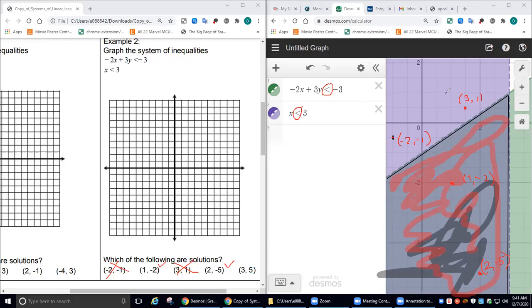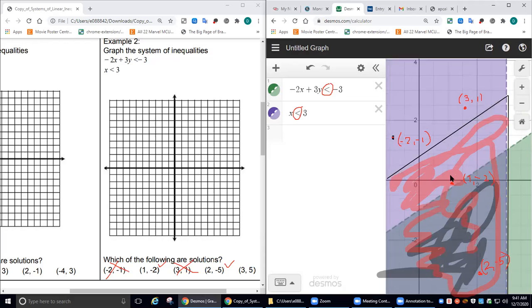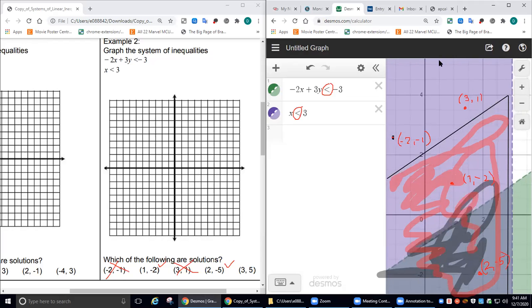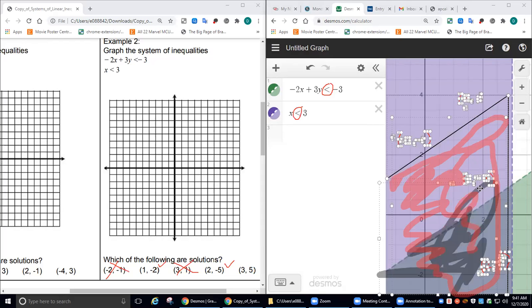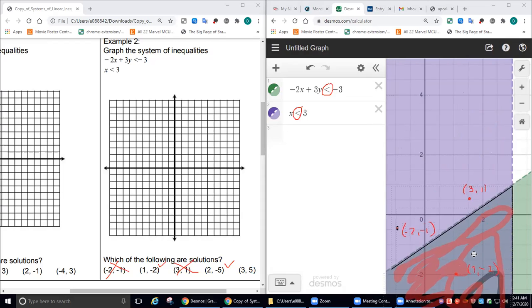And the last one, (3, 5). Here's 3 going all the way up over here. Obviously, here's 3, and 5 is way up here.